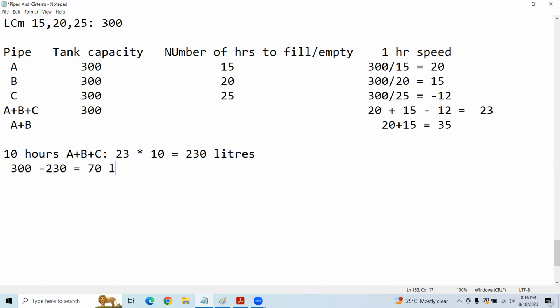So now 70 liters is remaining, and our speed is 35 liters per hour. So how much time will it take to fill completely? 70 divided by 35 will become 2. So in 2 hours, our tank will be filled completely.